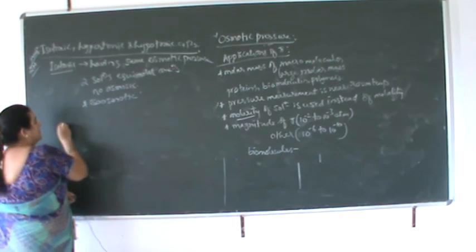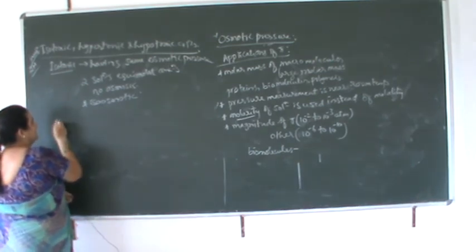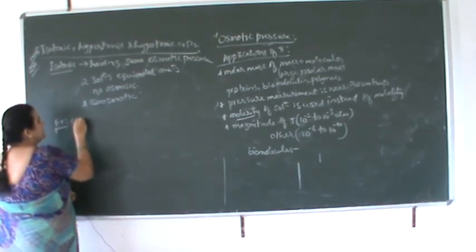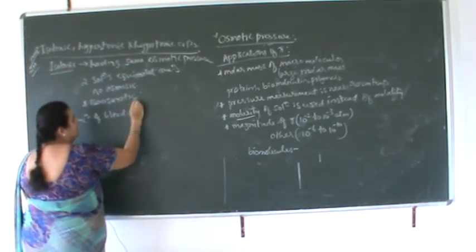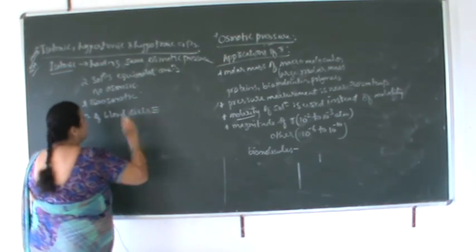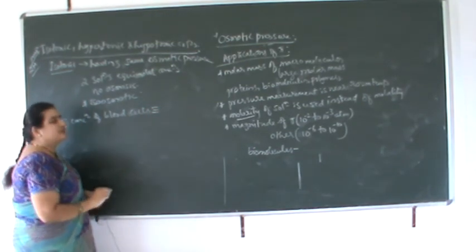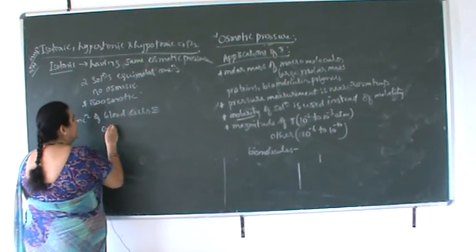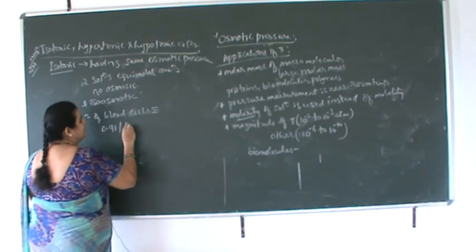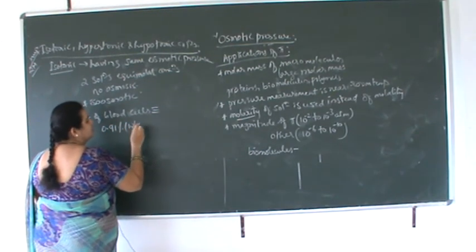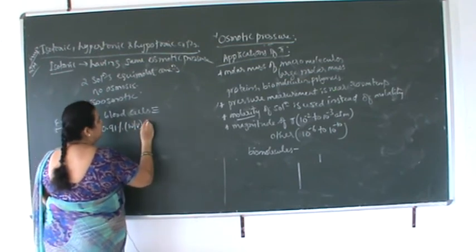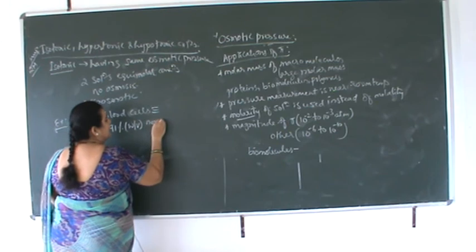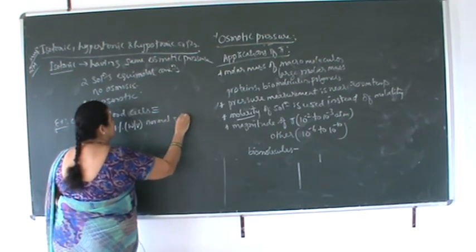The concentration of blood cells is equivalent to exactly 0.91 mass by volume percentage of normal saline solution.